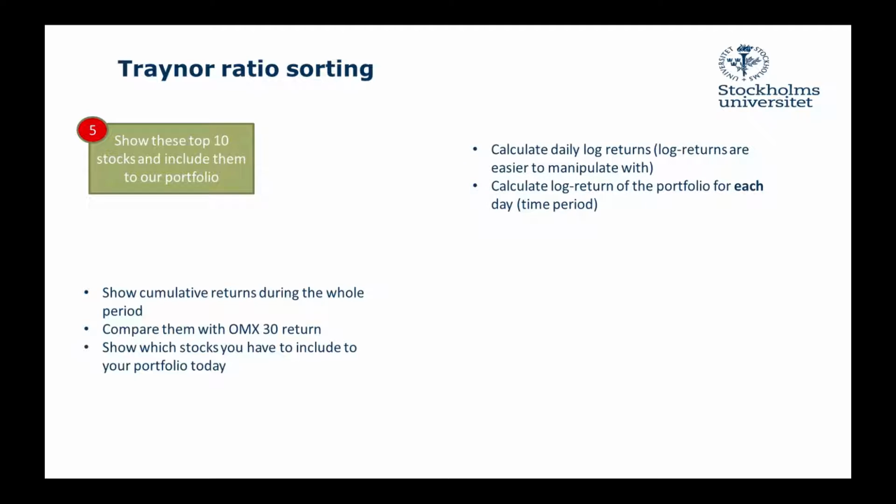So for this we need to calculate daily log returns of our portfolio, and we need to calculate it for each day, and we're going to use this algorithm. Also, I want to point out that the portfolio returns that we're using are, first of all, an equally weighted portfolio, which means that the return of our portfolio is just an average of the returns of the stocks which form our portfolio for each day.